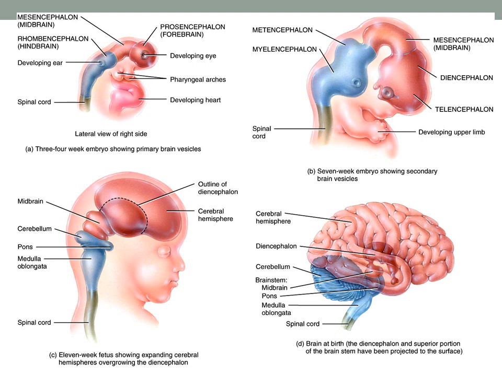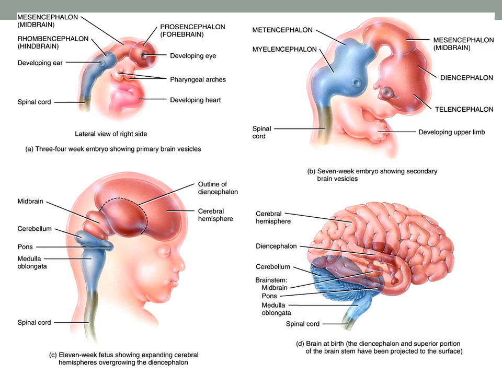The primary brain vesicles begin as slight expansions with 3 distinct regional areas separated by bends in the tube. These bends are known as flexures. So we have the prosencephalon most cranially, the mesencephalon slightly below that, and the rhombencephalon even below that.